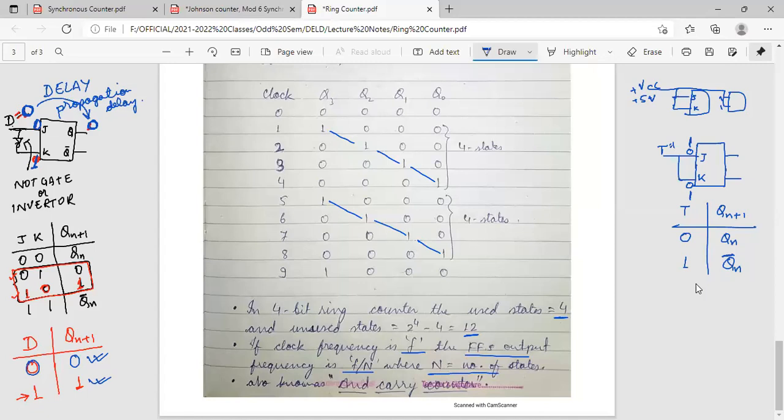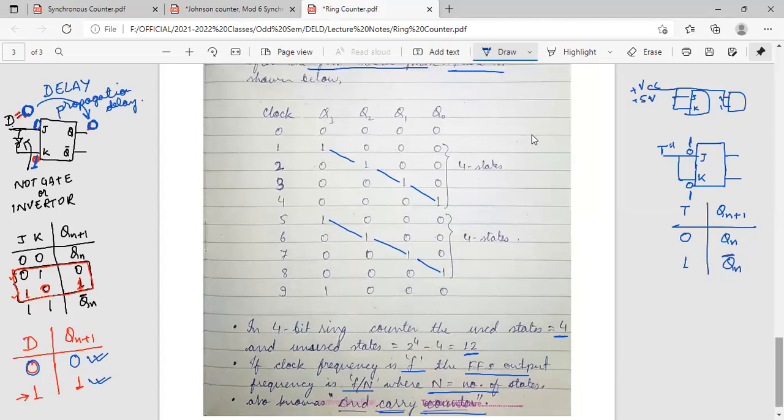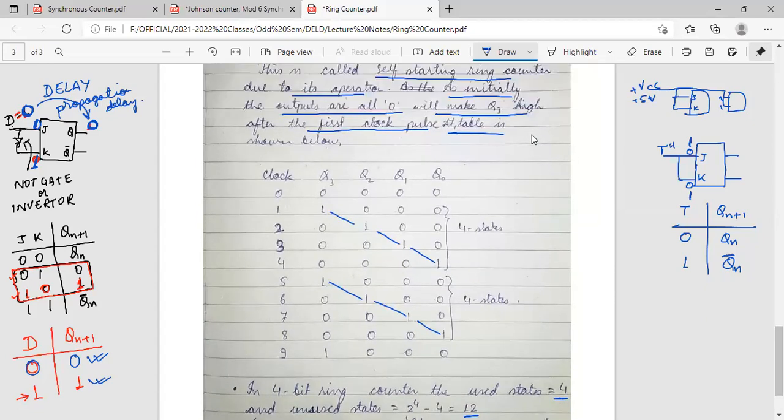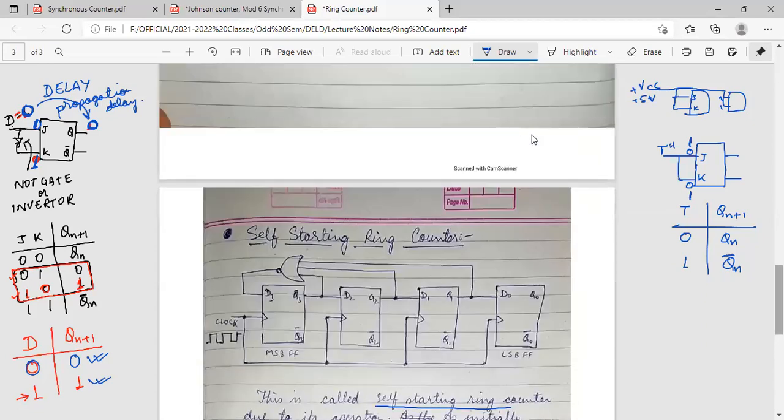In the case of the twisted ring counter, the frequency was given by F by 2N. It is also known as the AND carry counter. So you have to go through this theory of the counters.